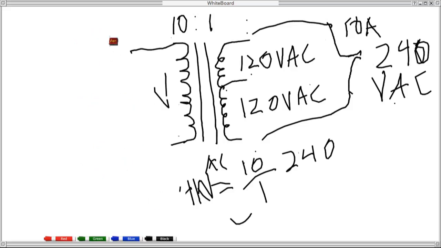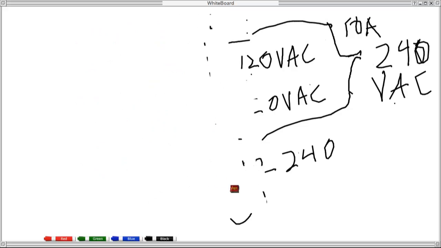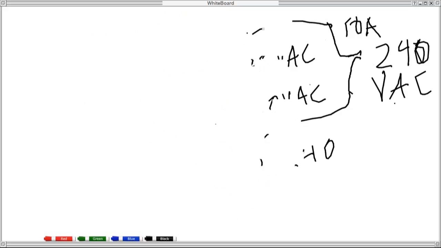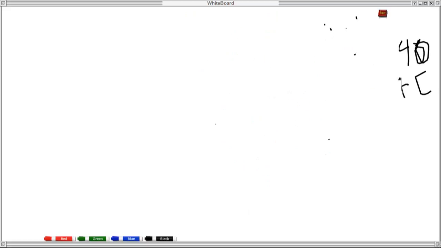Okay, now this is just one example of electromagnetic induction, but what they do in telecommunications is a little bit different. It's basically the same deal.